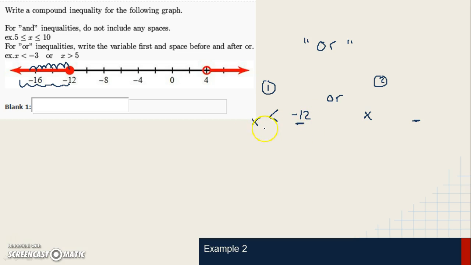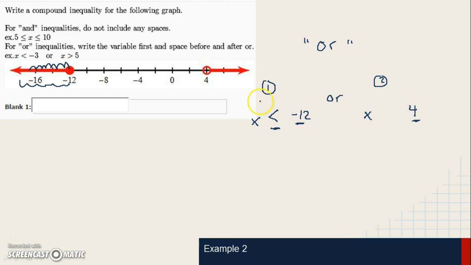And the final thing that I have to figure out with this first part is whether or not -12, the endpoint, is included. So I look at the dot on negative 12 and it's closed. Since it's closed, it's an equal to, meaning that x can be negative 12 itself. So I'm going to make this an equal to. Now I'm going to look at the second part of this line, and it looks like the endpoint here is 4.